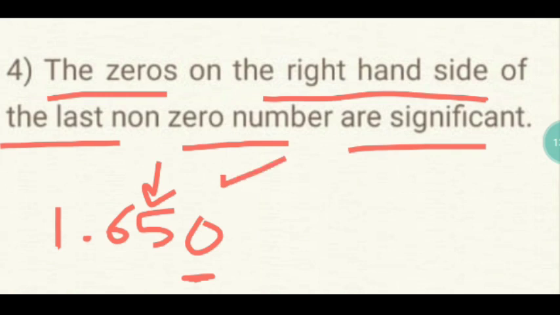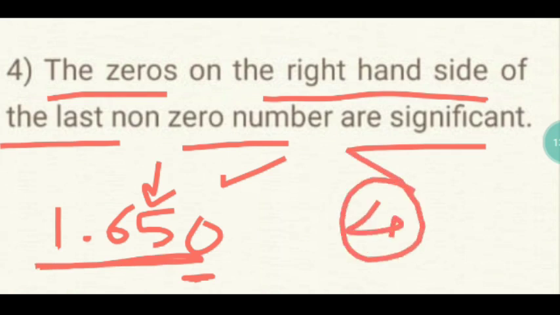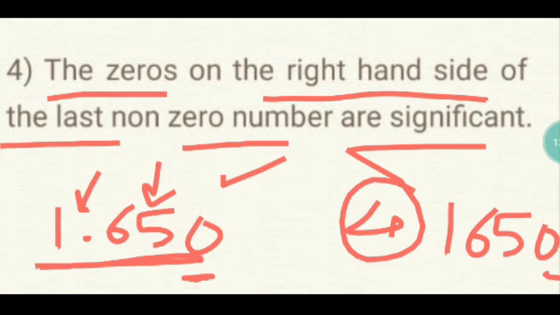As we discussed in the earlier example, this will have 4 significant digits. But in this case you should remember that in that number there should be some decimal point. Suppose I write this number without it, then this 0 might not be a significant digit. That will change according to the example.